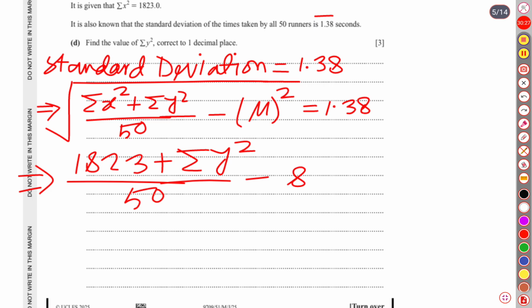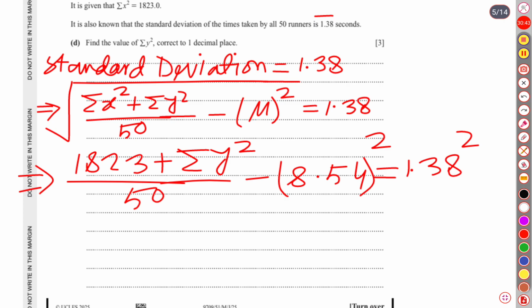So 8.54, and if we square both sides, the square root will go away and it is going to be 1.38 squared.